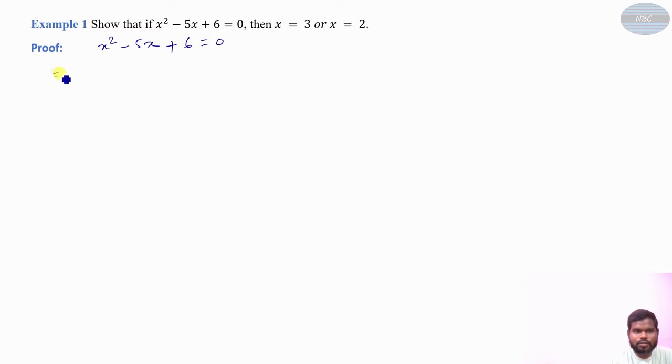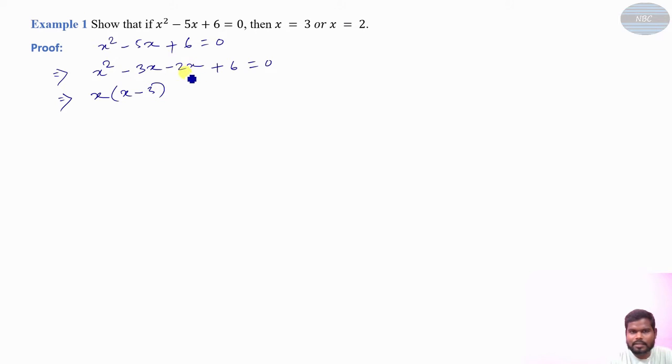Which implies that minus 5x can be written as minus 3x minus 2x, plus 6 is equal to 0. Which implies we can take common factors here. In the first two terms, x can be taken as common, so x times x minus 3.